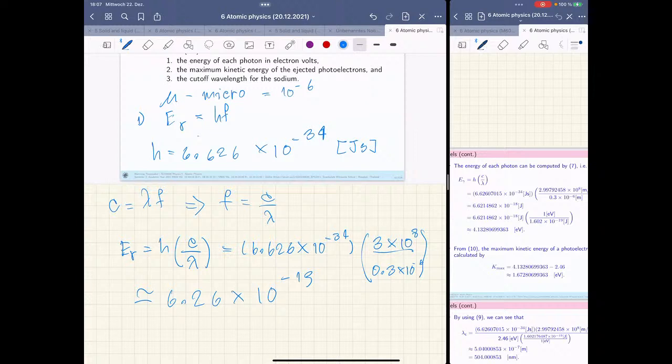Okay, it's the same value, and that's the energy carried by the photon.